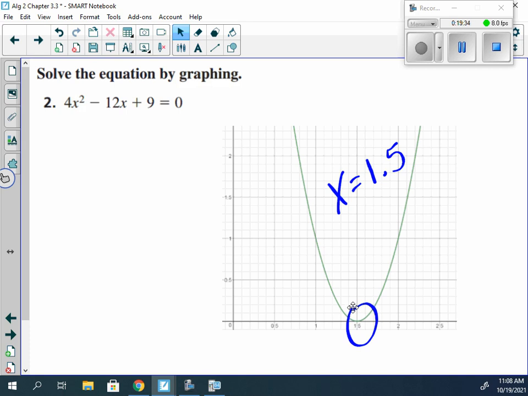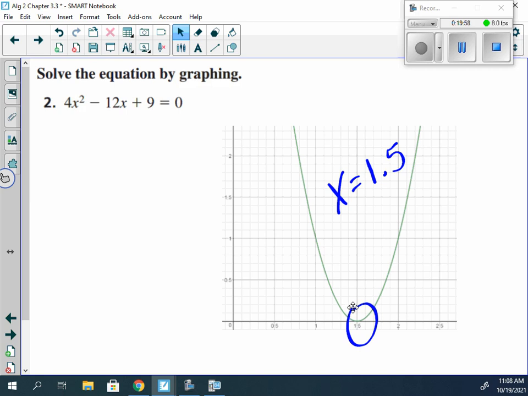But as we can see here with graphing, if it is decimal numbers, here it worked out nicely. But there might be cases where it does still cross the x-axis, but because it does not intersect it at whole numbers, we may or may not be able to find it by graphing. So using graphing to find the solutions to a quadratic function really works well if the solutions are whole numbers.